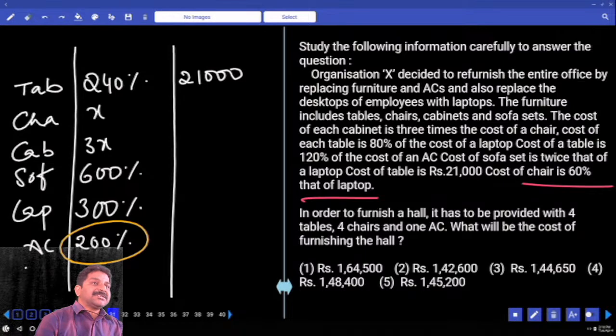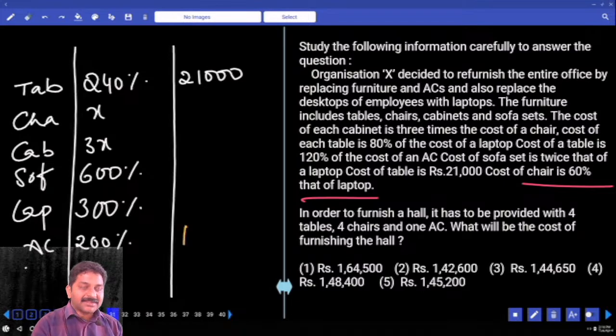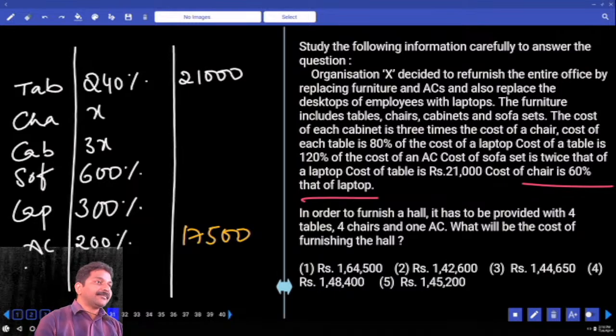If it is 8 parts, what is 1 part value? If 200 is equal to 8 parts, what is 1 part value? Then subtract 1 part value, then you will get 7 parts only. If you subtract 25 from 200, you will get 175. How many zeros you need to add? 2 zeros. Using 200, what do you want to get?